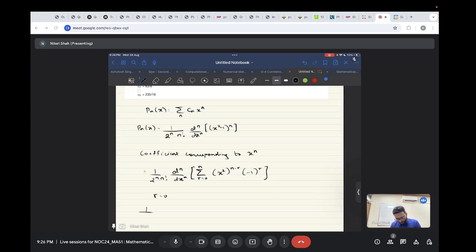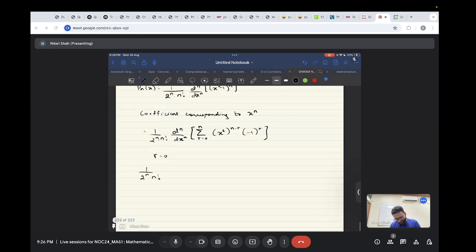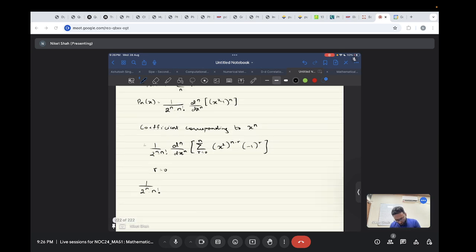So it is 1 divided by 2 raised to n into n factorial, d^n by dx^n of, I forgot the nCr part.